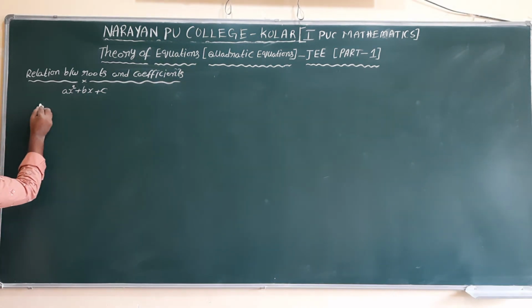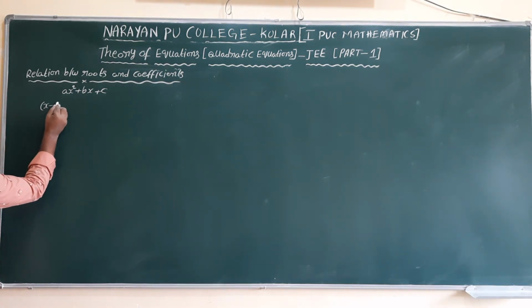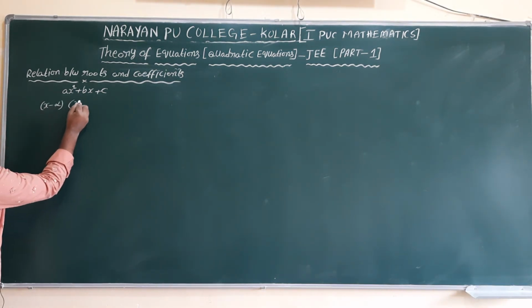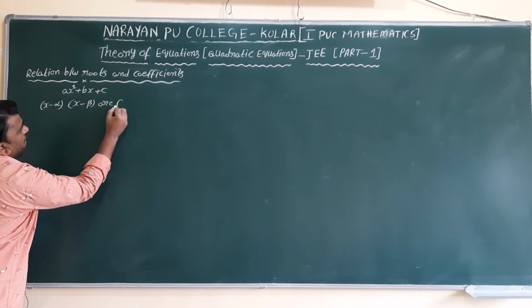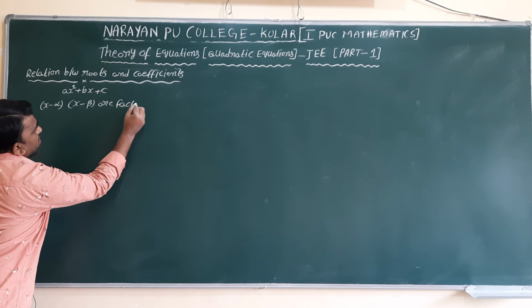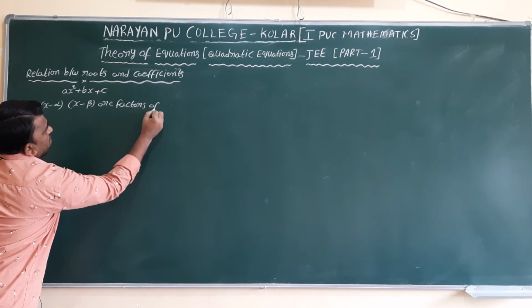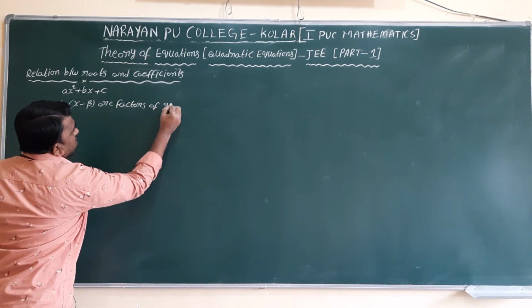So x minus alpha, x minus beta are factors of the given quadratic equation.